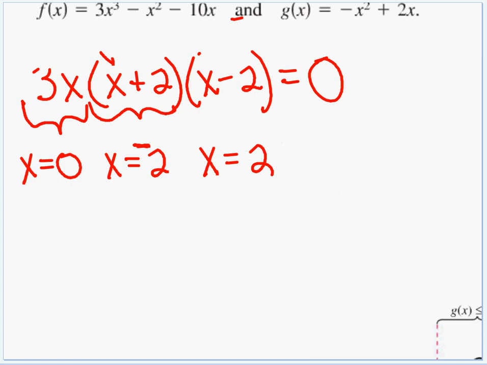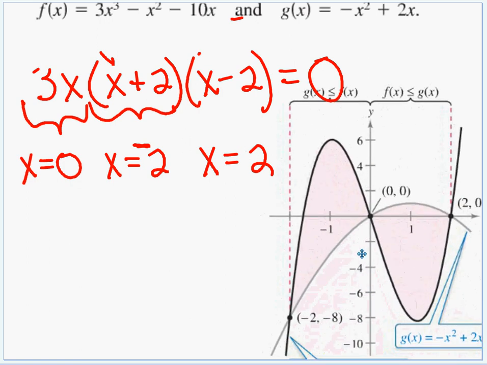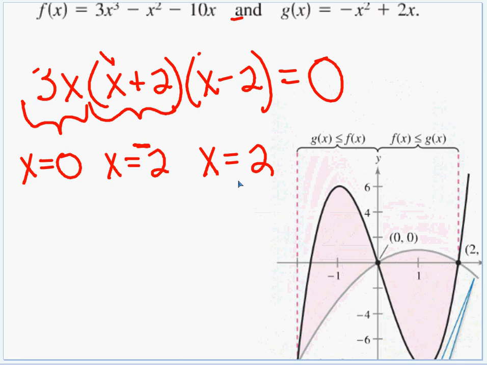Now if we were never given the graph, how would we figure out which one's on the top or the bottom? Well, we'd pick a number from each interval and put it into both functions, f and g, and see which one comes out as the bigger y value. Like if we look here on the graph, if I put negative 1 in, the darker graph is going to have a bigger output than the lighter graph.